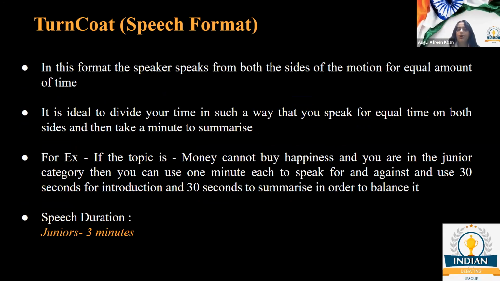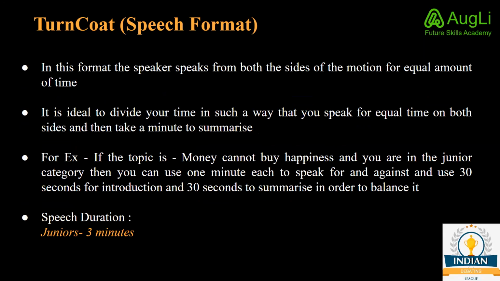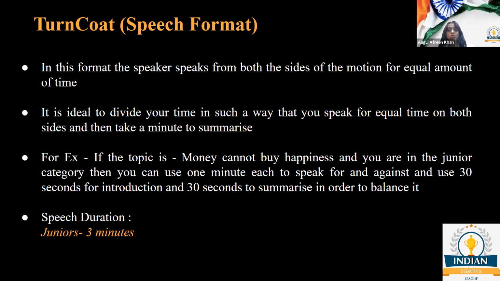Your time limit for junior category is 3 minutes and you're supposed to do 4 things: introduction, for the motion, against the motion, and then conclude. So 30 seconds of introduction and 30 seconds of conclusion. The rest is 2 minutes, which you will divide equally: 1 minute for the motion and 1 minute against the motion.